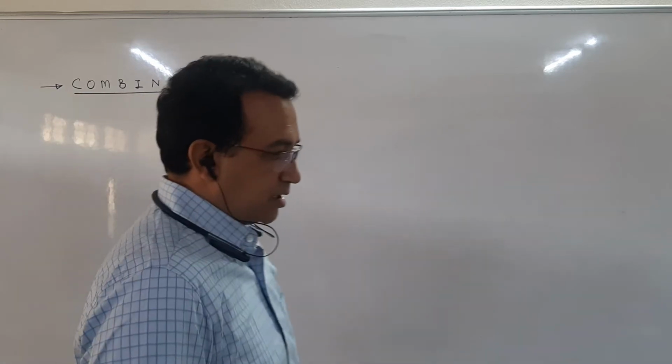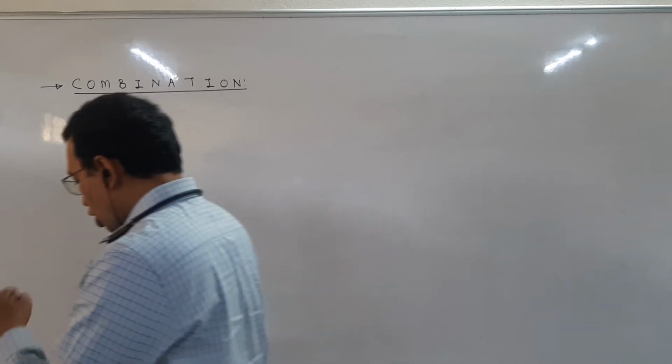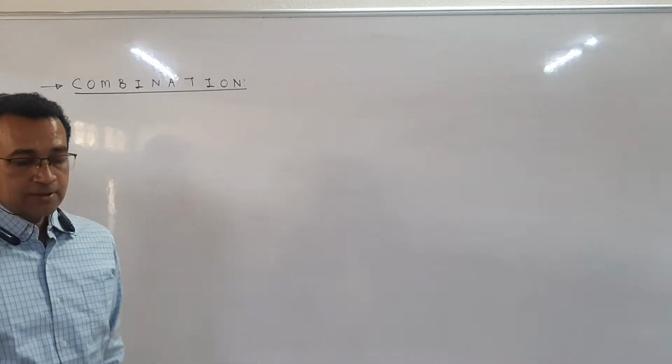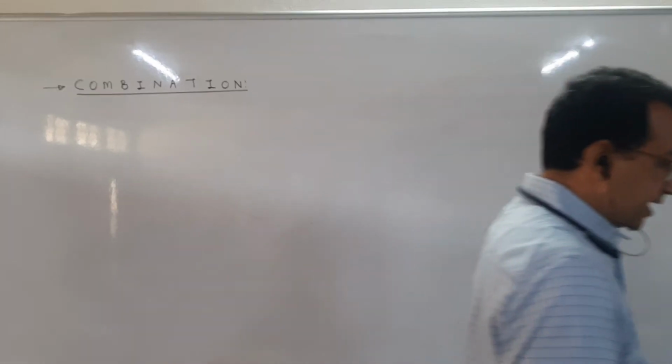This is one of the most fascinating concepts, as well as interesting concept. Now, what is combination, students? How to define combination? Now, let us understand this with an example.